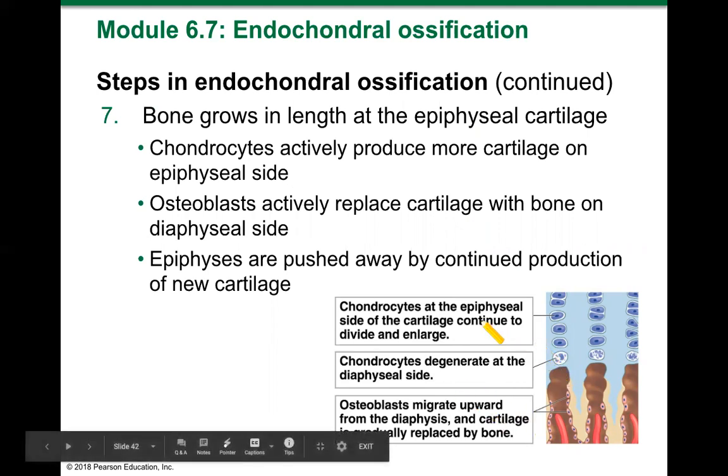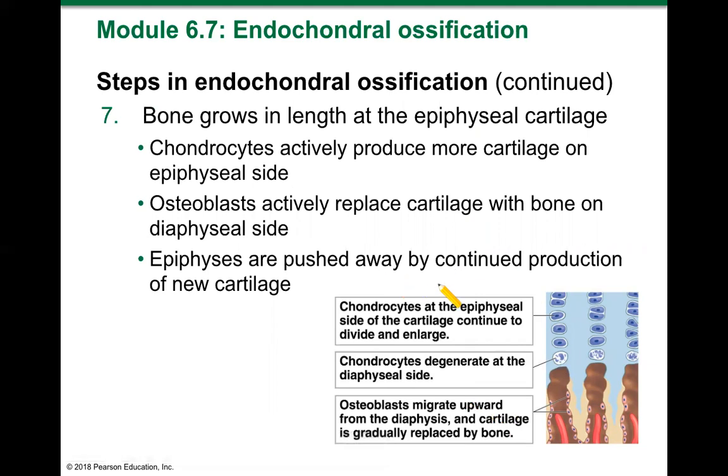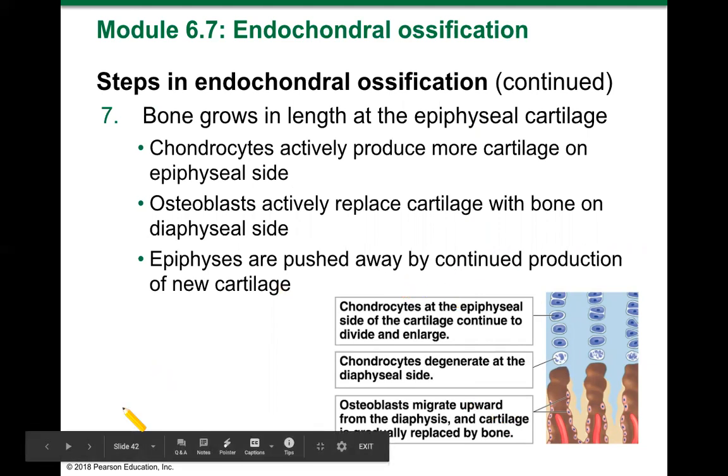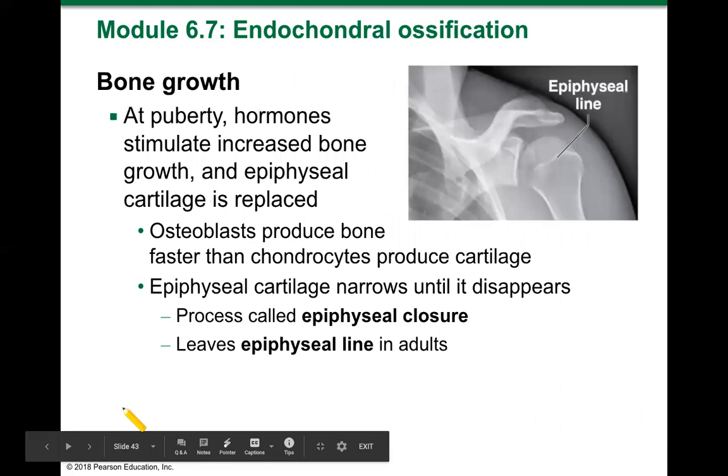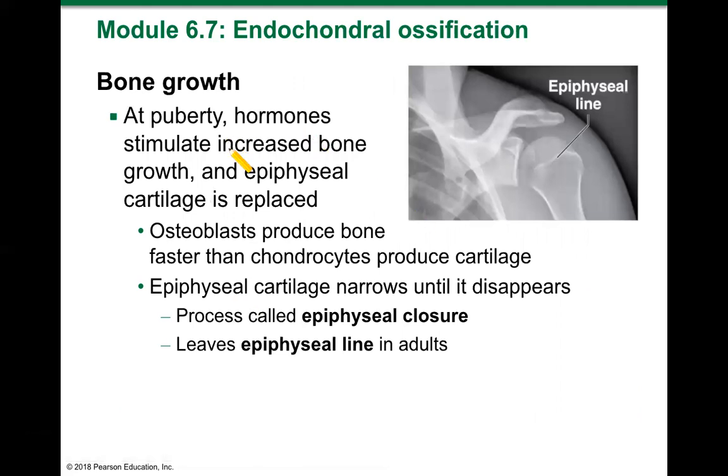Okay, and this pushes the epiphyses away, so that's going to help elongate the bone. And at puberty, you have a lot of growth hormone that helps to stimulate this bone growth, and specifically at the epiphyseal plate. That's kind of how the bone grows.